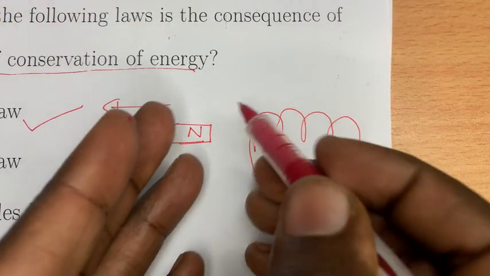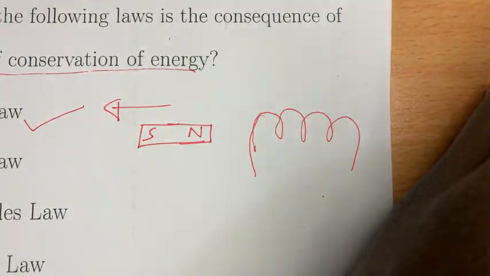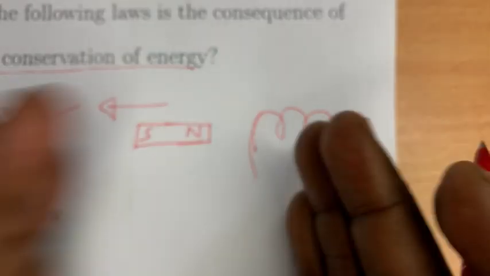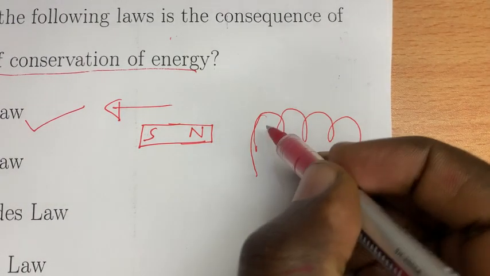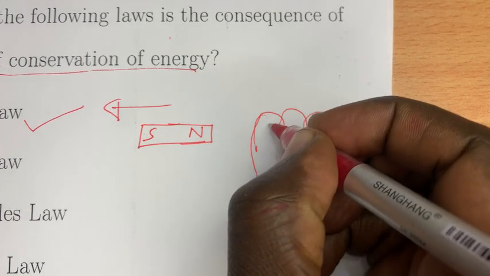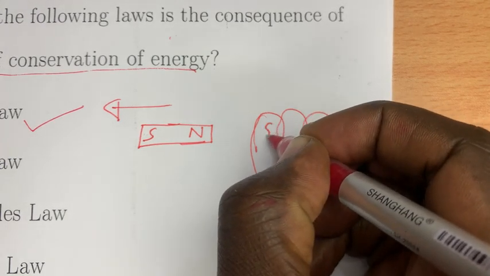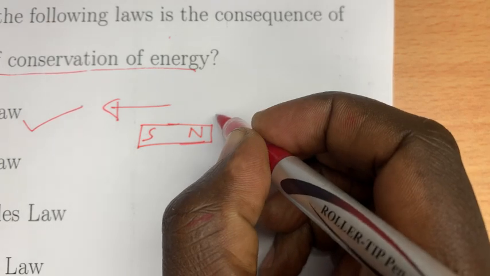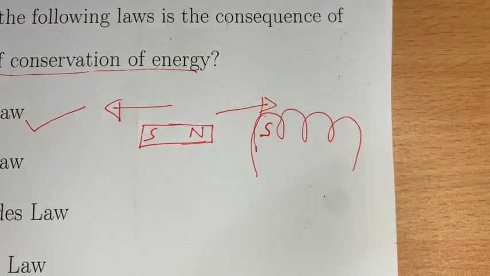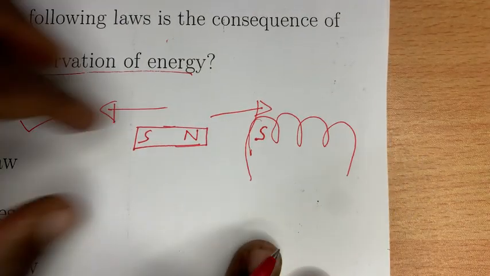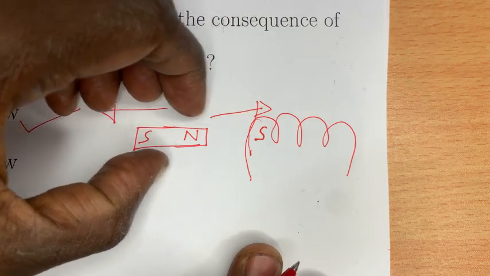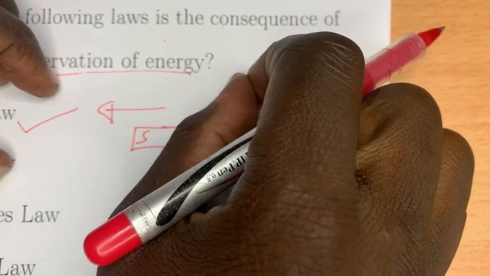I'm pushing it in this direction, and it will try to push it in the opposite direction. So it creates a temporary south pole here, so that it can attract my north pole. As I am trying to push it away, I can feel the attraction.